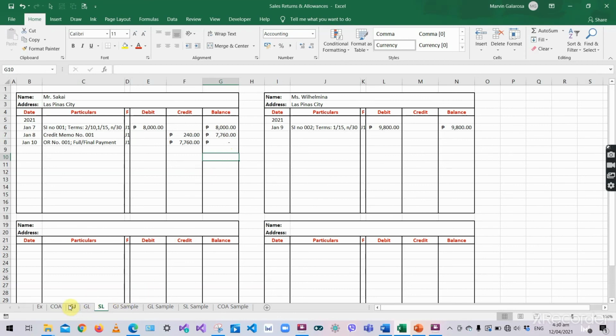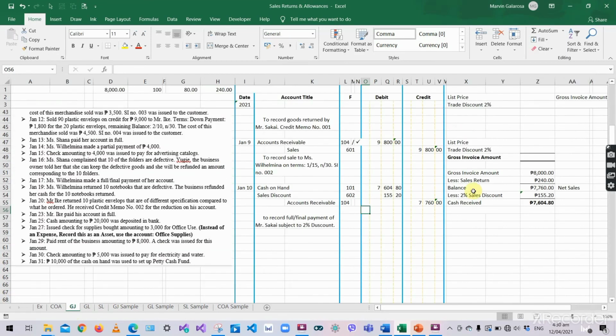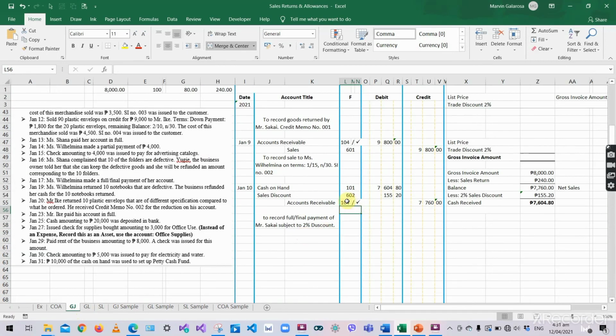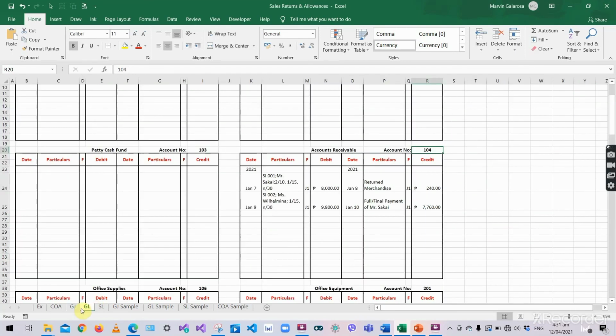Once done sa pag-post sa subsidiary ledger, balik ka sa general journal. Besides, sa side nung account na 104, write mo slash and then check. Indicating na na-post mo na siya sa subsidiary ledger, maliban sa general ledger. So, yung 104 indicates na na-post sa general ledger.